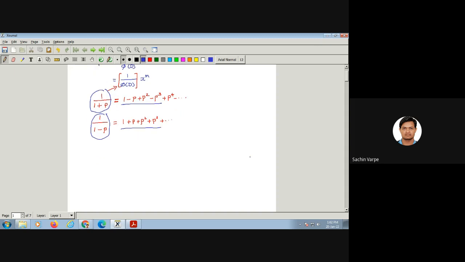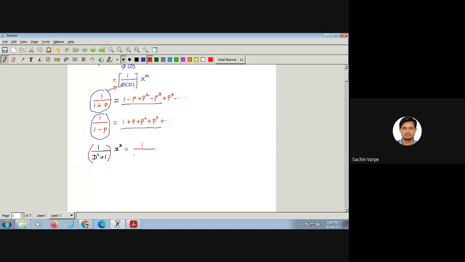Suppose I have 1 upon D square plus 1, and I want to operate it on x cube. First of all, check whether this 1 upon phi of D is of one of these forms. Yes, it is.